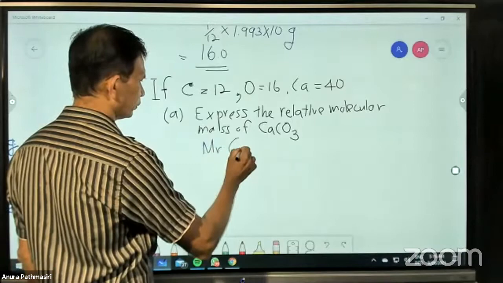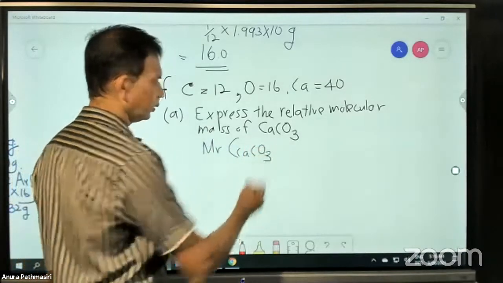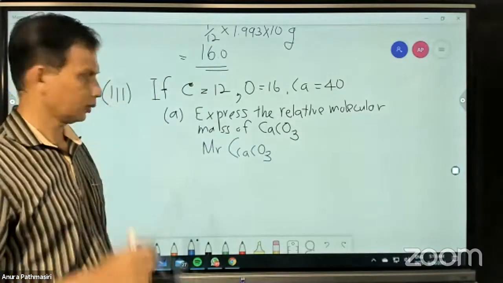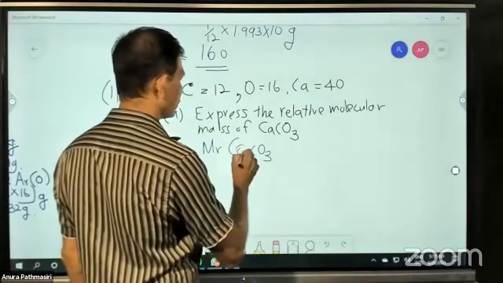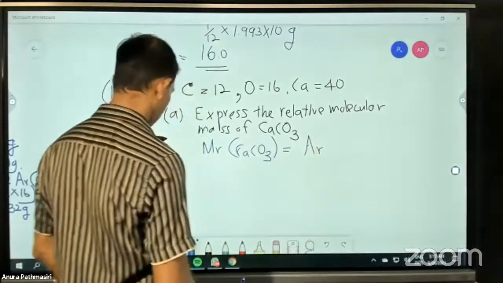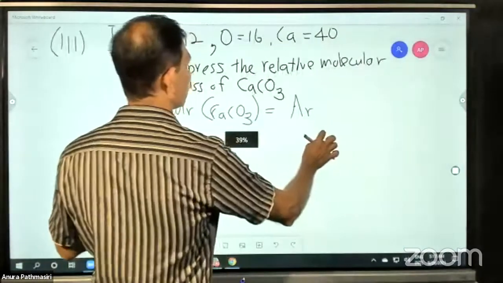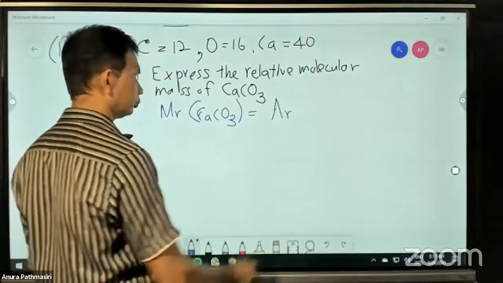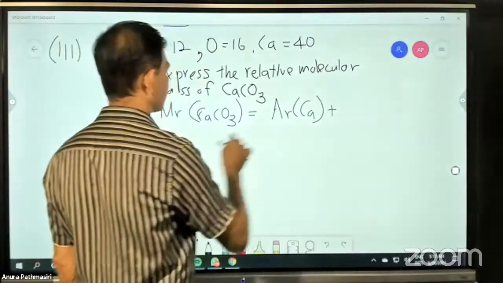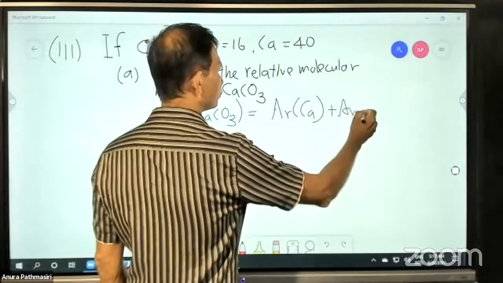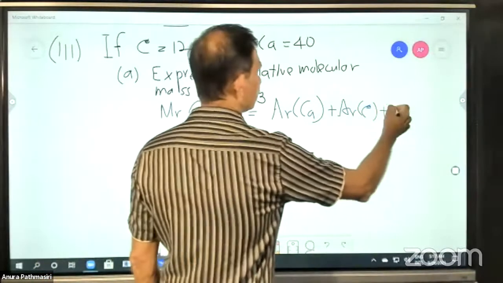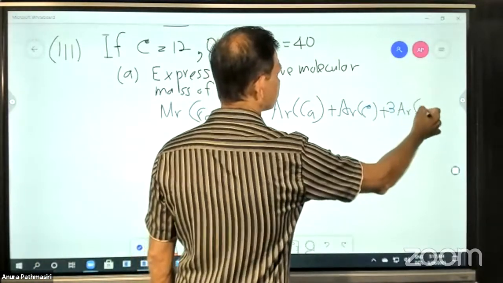MR of CaCO3 equals AR of Ca plus AR of carbon plus 3 AR of oxygen.